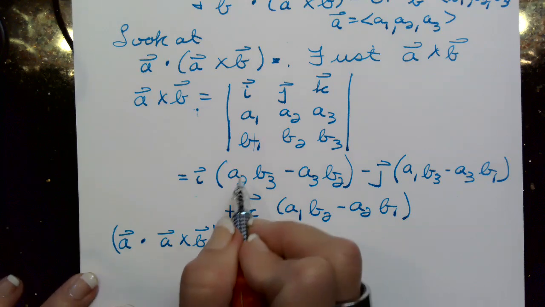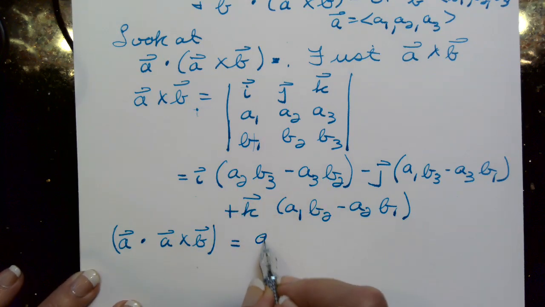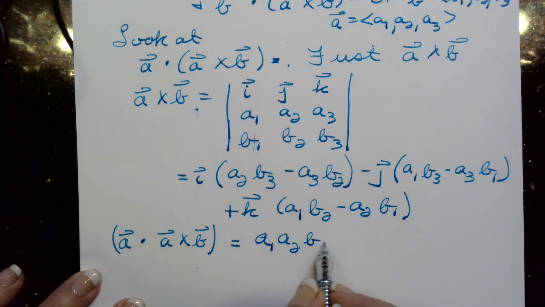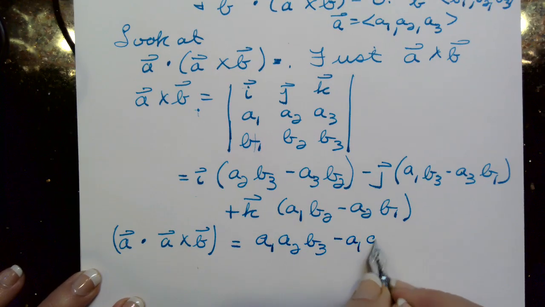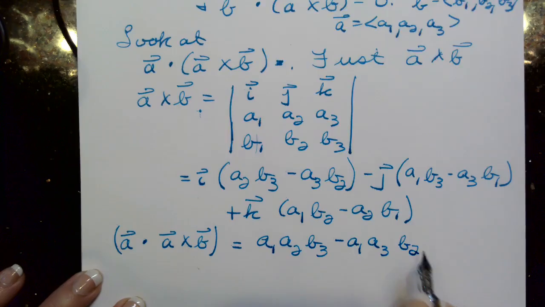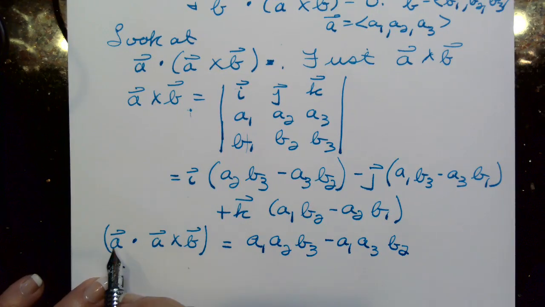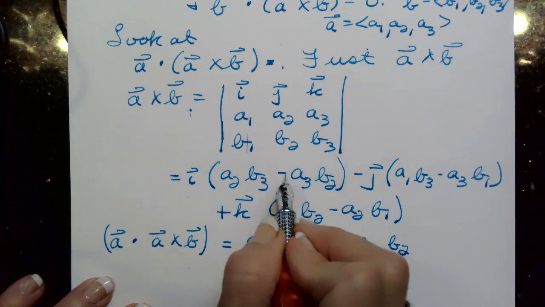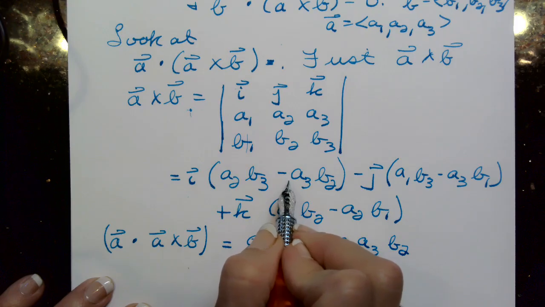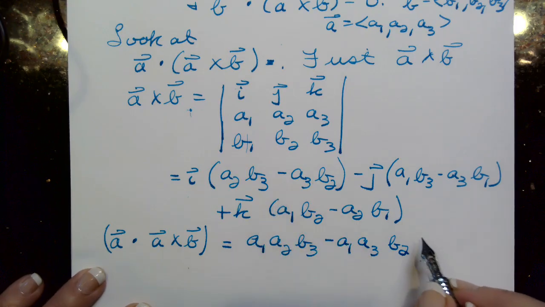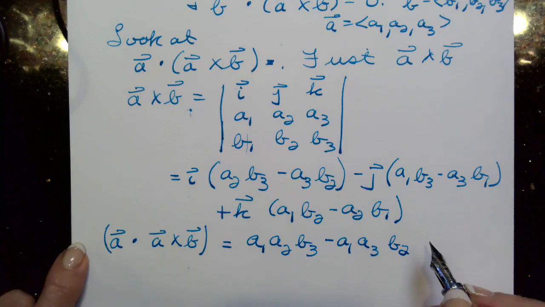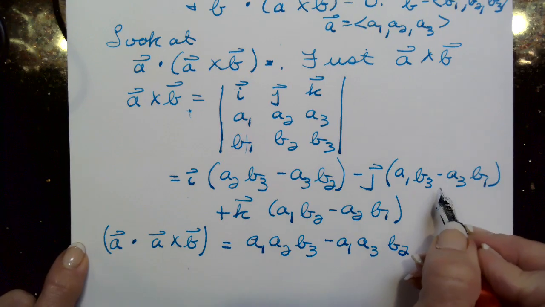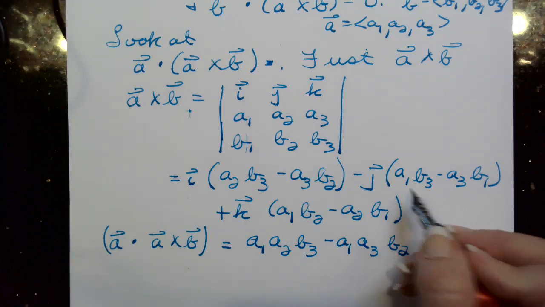So I take A1 times the first component: that gives me A1A2B3 minus A1A3B2. Then the second component of A, which is A2, times the second component of A cross B, but don't forget the minus sign.